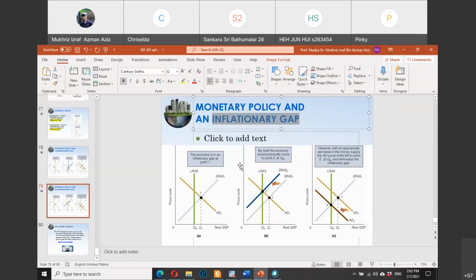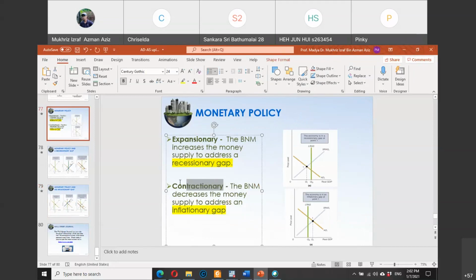If the price is moving too fast or too high, the government might want to intervene to reduce the inflation. So when short run output is bigger than the long run output, that is when we have an inflationary gap. And in order to overcome this problem, the government can employ what we call contractionary policy by reducing the money supply.